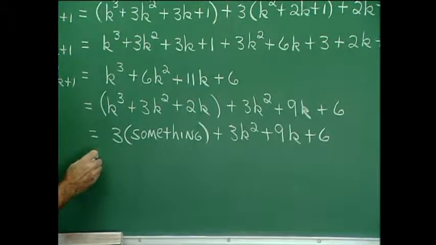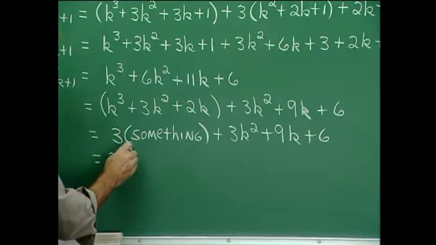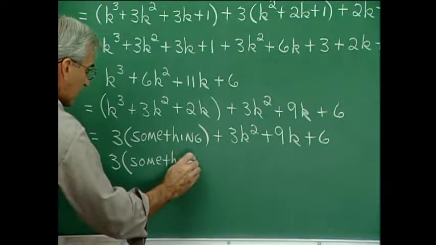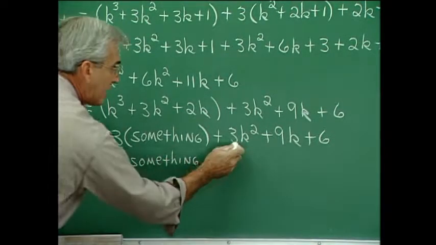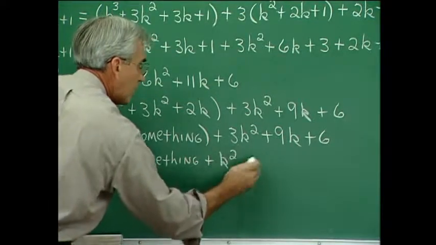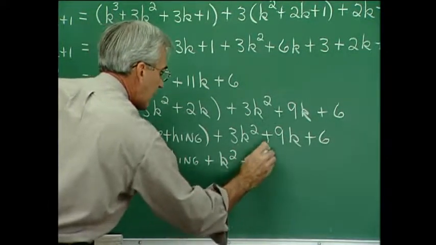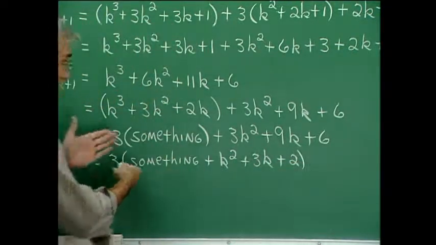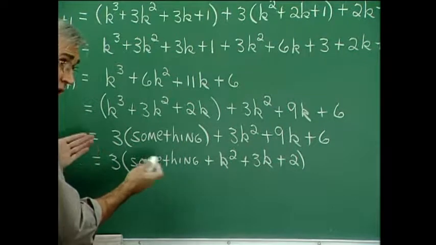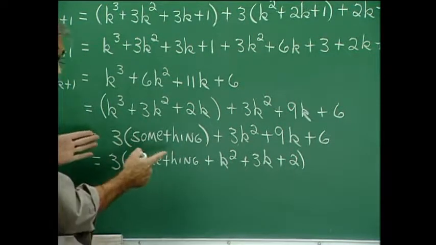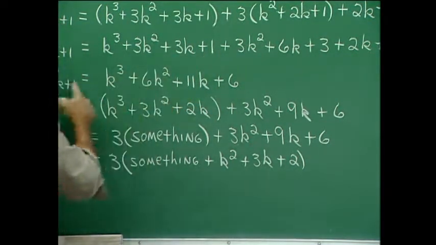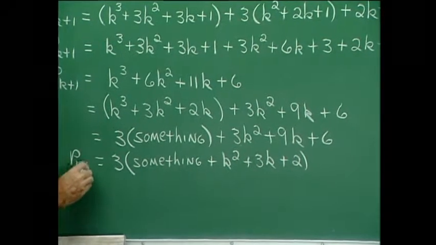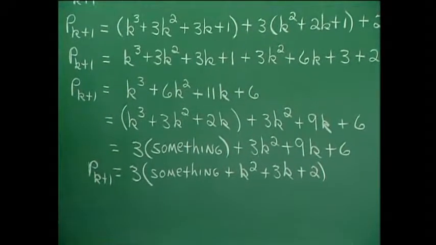So I can factor this business into 3 times something plus, yank the 3 out of this and we have k squared. Yank 3 out of this and we have 3k. Yank 3 out of this and we have 2. So I have a form that is factored in such a way that 3 is a factor of this business up here, the p sub k plus 1. So 3 is indeed a factor of p sub k plus 1, and we have proven the conjecture.